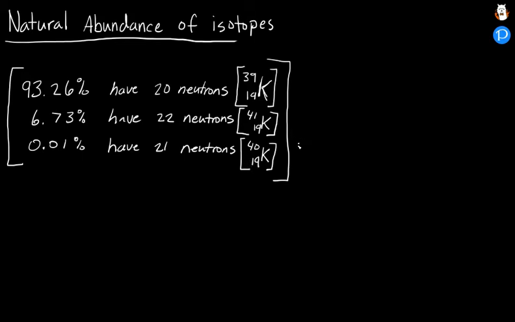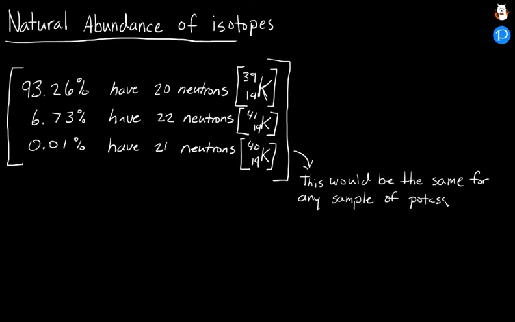So in other words, these percentages for the abundances of these isotopes of potassium would be the same for any sample of potassium that we find.